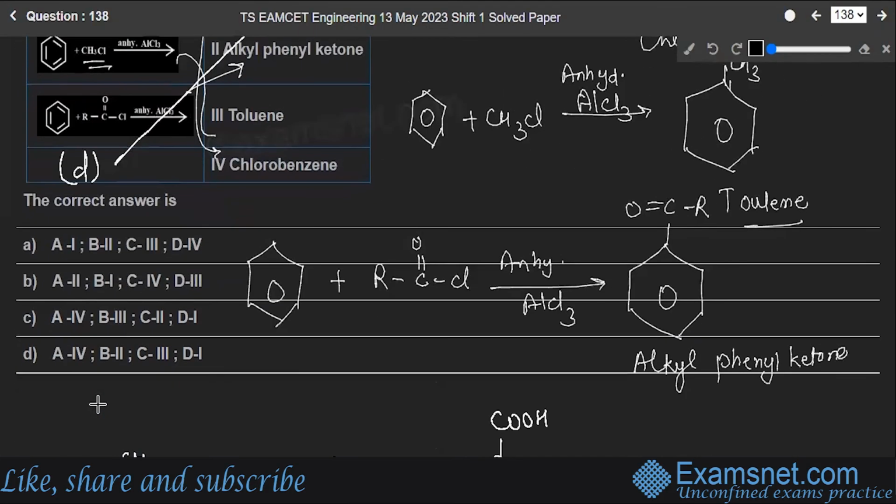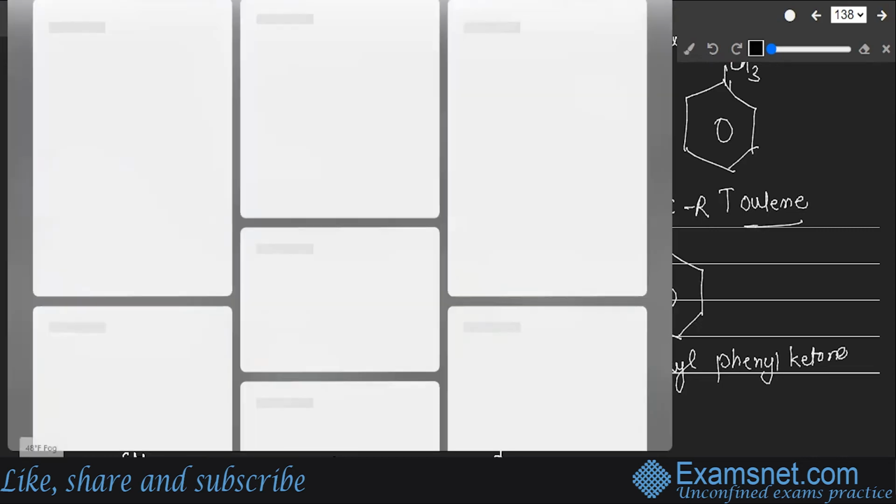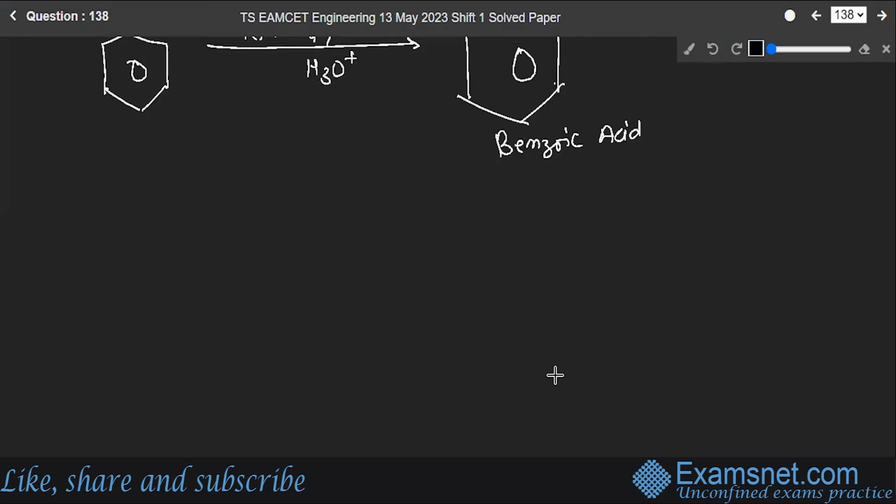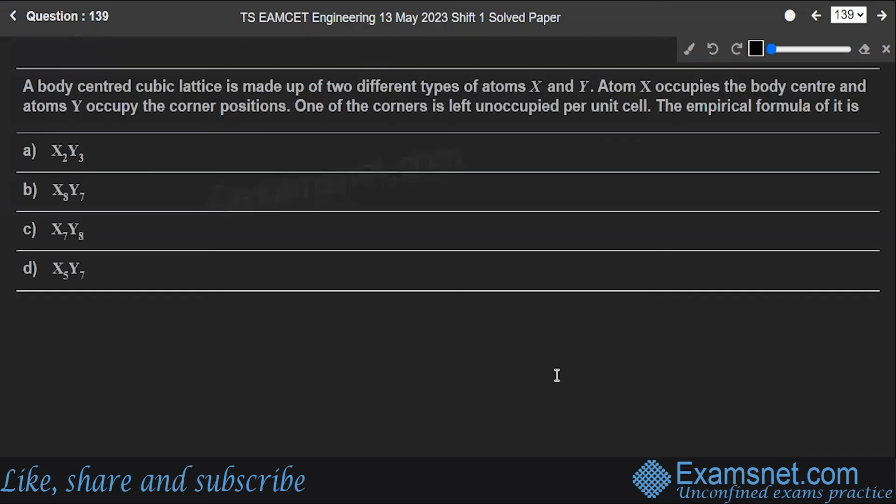This is the right answer, option D. So this D, this is the reaction. Please note it down because it's not mentioned in the question over here. Hope you got that. Let's move to the next question.